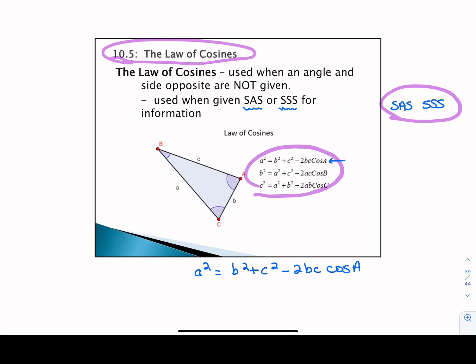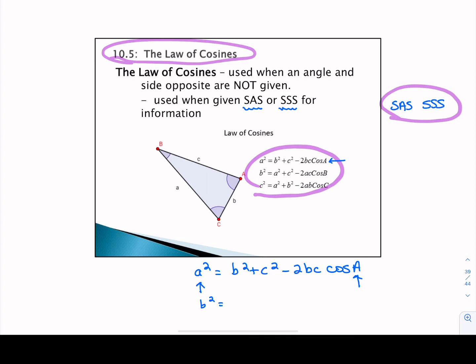With this formula, it's really important to remember that lowercase letters represent side lengths and uppercase letters represent angle measurements. Another thing I'd like for you to notice is if you have angle A, for example, you're going to be dealing with an a squared formula. If you have angle B, then your formula will start with b squared. So again, just one more example of our law.